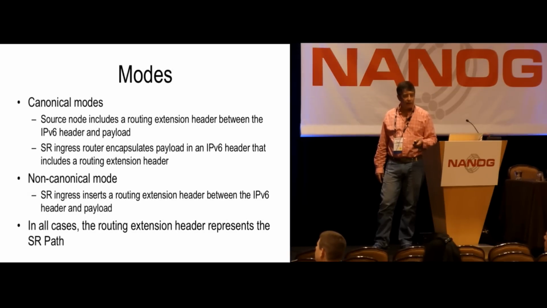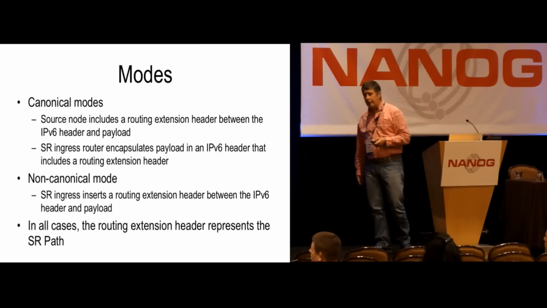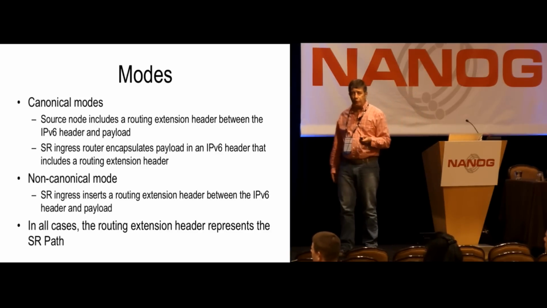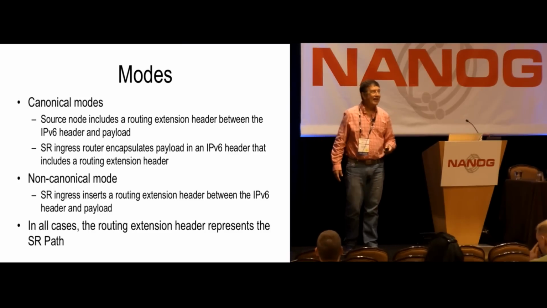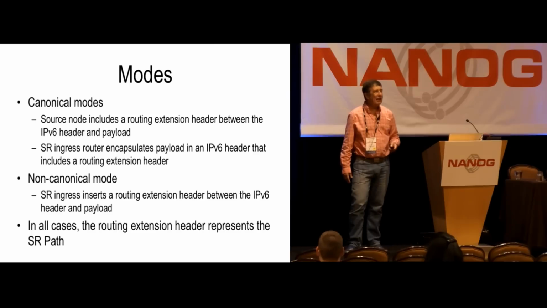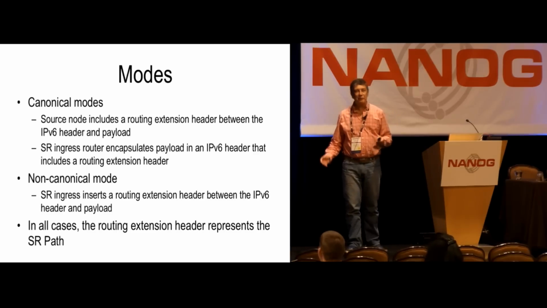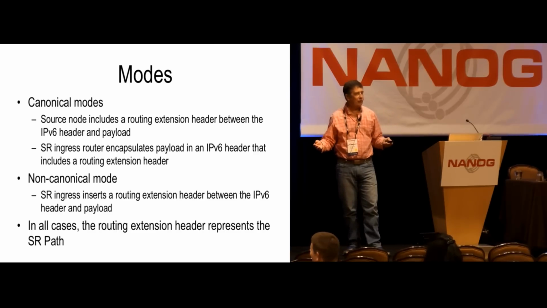Well, it has a canonical mode. And in the canonical mode, there are two ways it can work. First is the packet that originates the node, originates the packet is also the SR ingress. So it just puts a routing extension header in the packet. It includes it when it formats it in the first place.